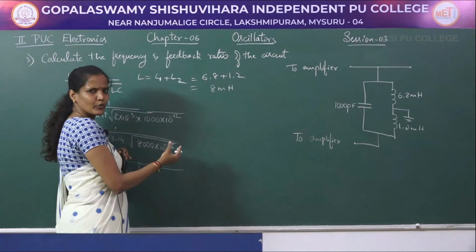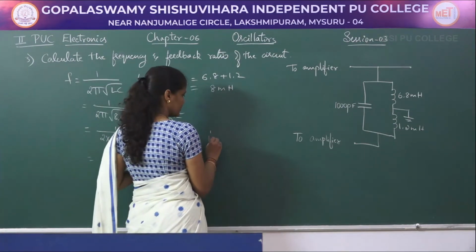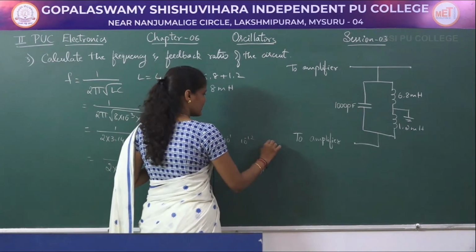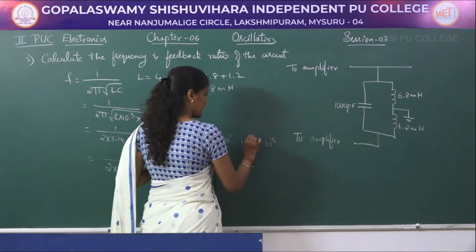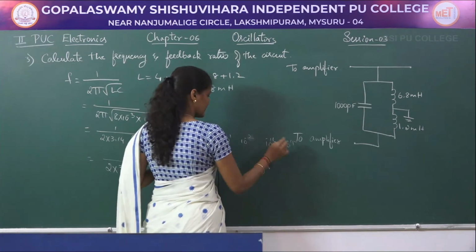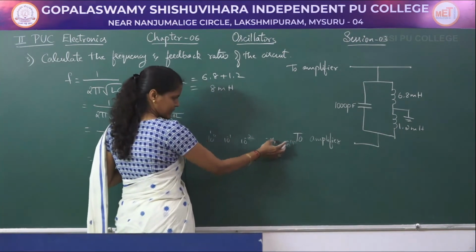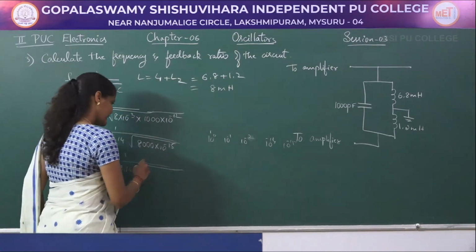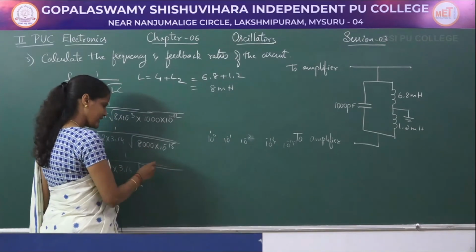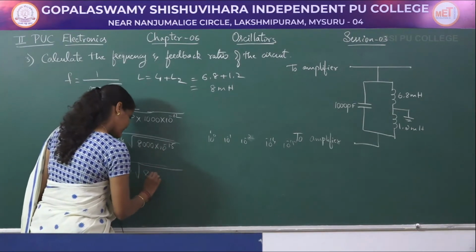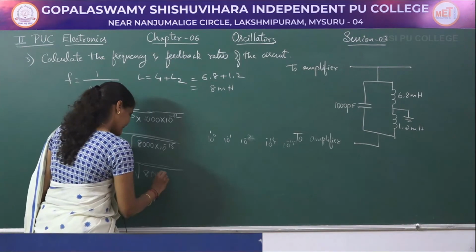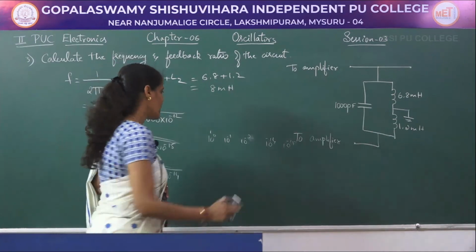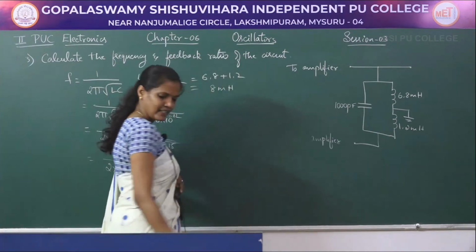To convert to 10 power minus 14, the order is 10 power 14 first, then 10 power minus 15 after. So if I want to convert 10 power minus 15 to 10 power minus 14, I have to shift the point towards the left by one place. So 8000.0, when I shift the point one place, it is 800 into 10 to the power of minus 14. Now you have to take the root of 800, not the 8000.